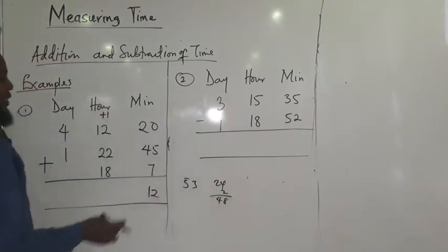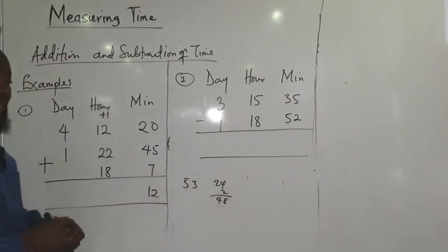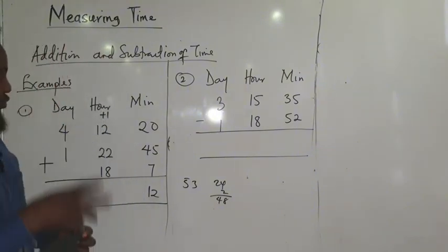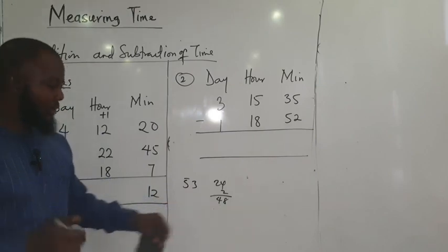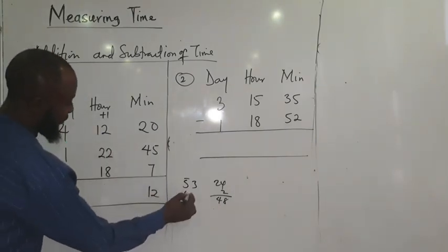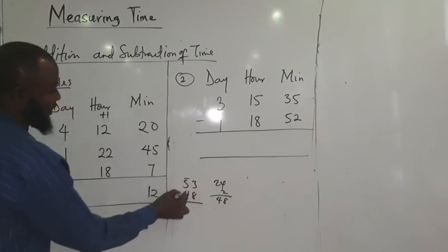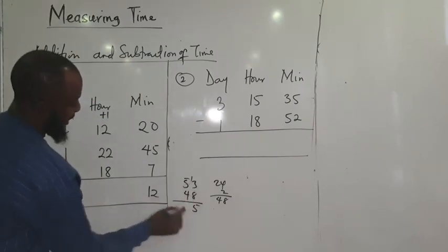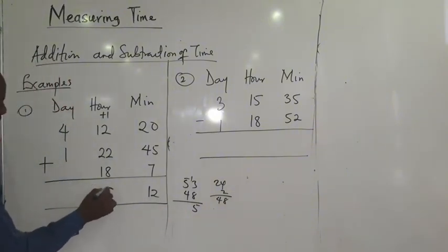So we can bring out 48 hours here, and 48 hours makes how many days? 2 days. So 24 times 2, that is our 2 days. Which means we are bringing 2 days to this place. So we subtract 48 from 53, and that's going to give us 5 hours left.